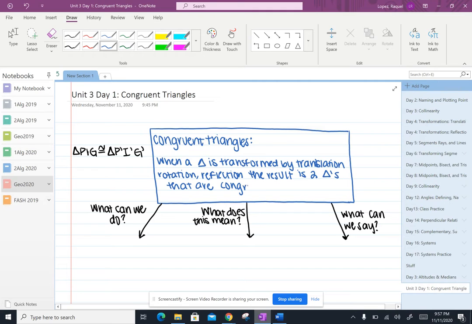Now, congruent, remember, means having equal measure and that they're the same. And I'm going to put the symbol for congruent in parentheses. It's like the equal sign and like a tilde over it.